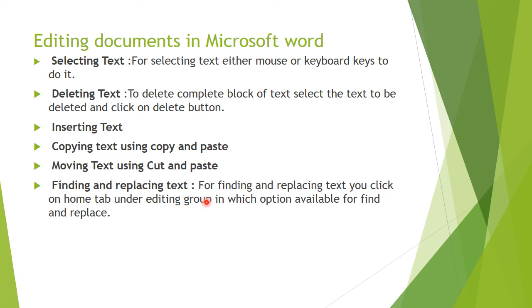Under the Home tab, the last option is the Editing group. Click on the Editing group and you will see the options for find and replace. If you want to find, click on the Find button, then write down the text you want to find and click on find.